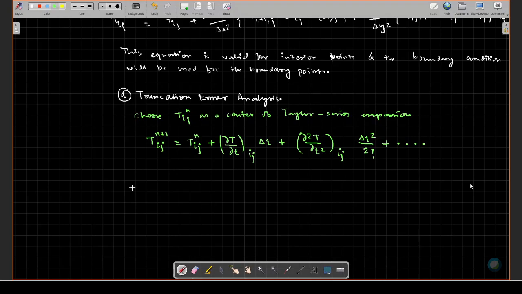So this is the Taylor series expansion for T_ij^(n+1) around T_ij^n.